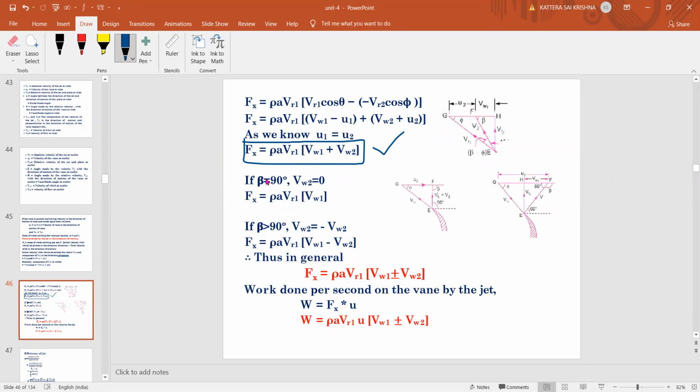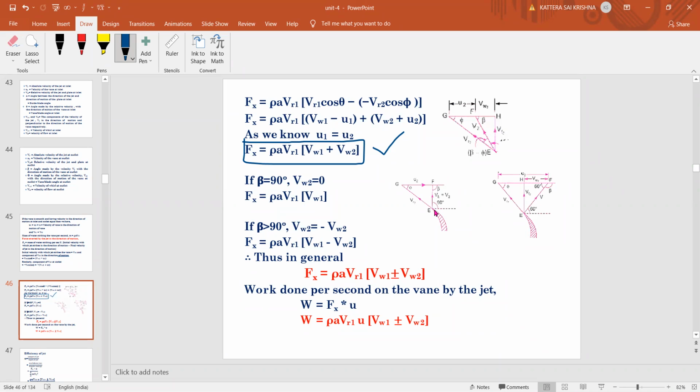If the outlet angle beta is less than 90 degrees, then only this will come. That is, if beta is an acute angle, we'll get Fx like this, and it will be an inclined one. If beta equals 90 degrees, what happens? This beta will come and join at h, something like this.